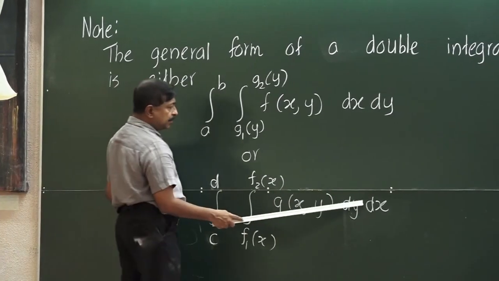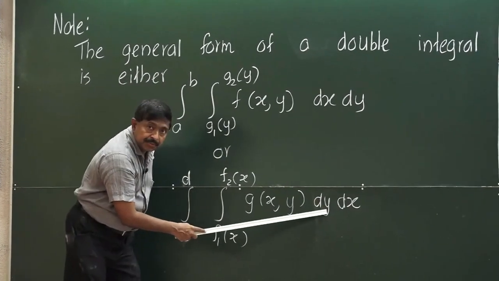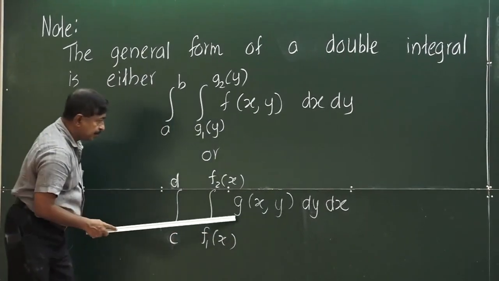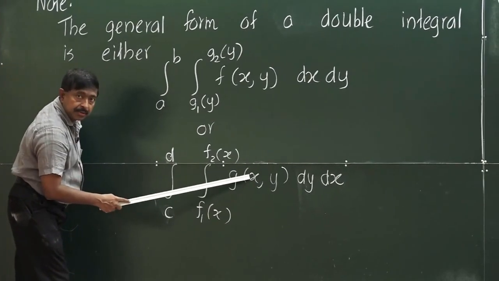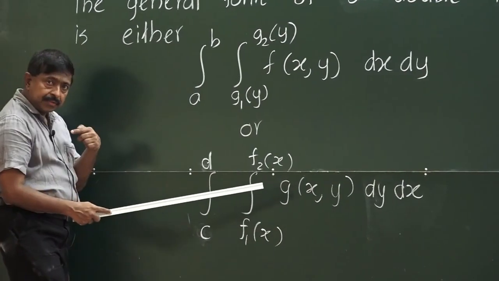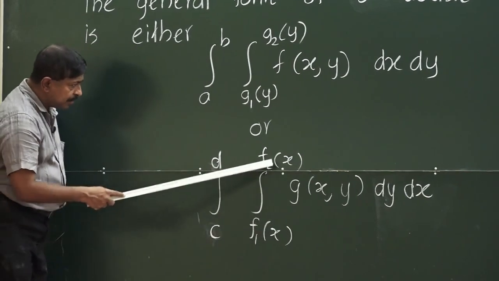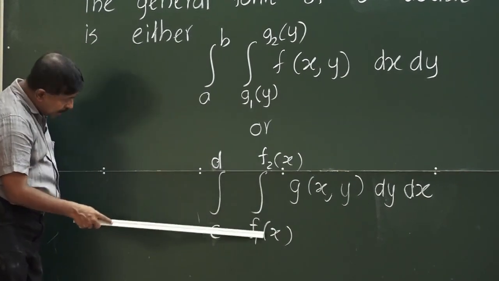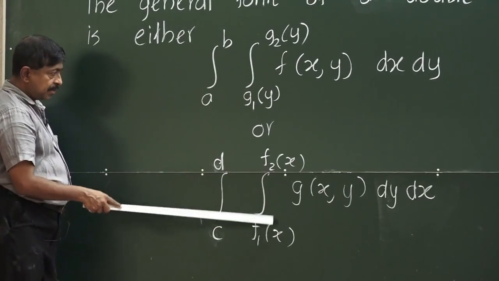But if the order is reversed, then dy comes first. So, here again you can have the integrand consisting of both variables. Since x is going to be considered later, you may have limits carrying x like this.